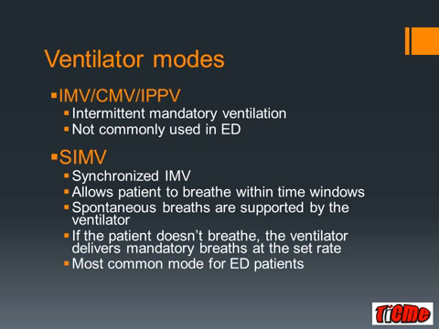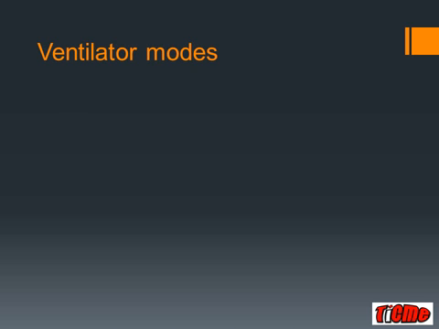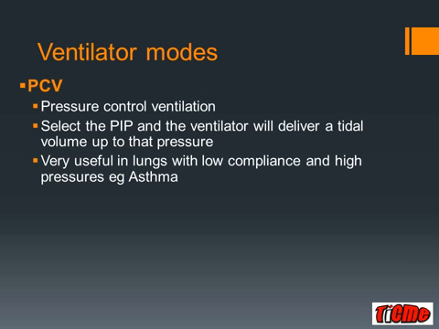It's the most common mode used for emergency patients because it is entirely safe. It will ventilate them at your set rate, but if the patient wants to breathe, then they are supported by the ventilator to do so. Usually this is a volume cycled mode, in that you set the tidal volume and the ventilator will deliver that volume.